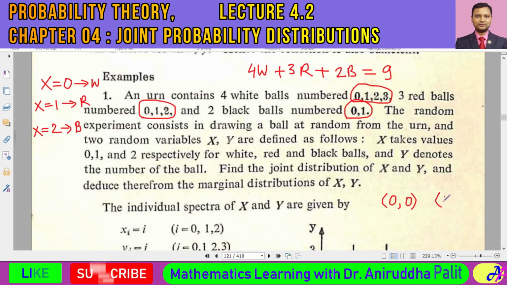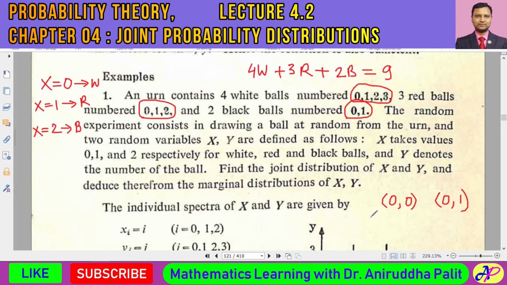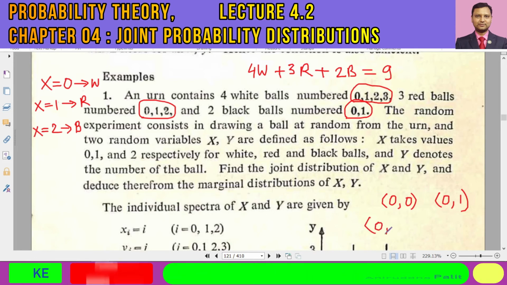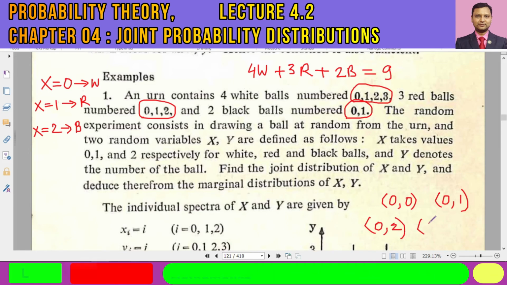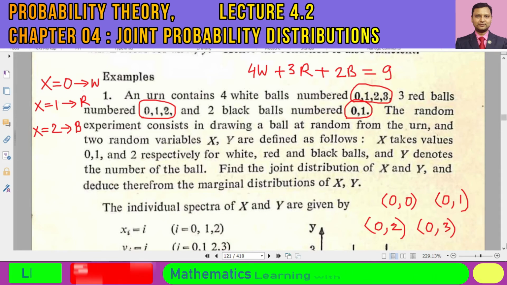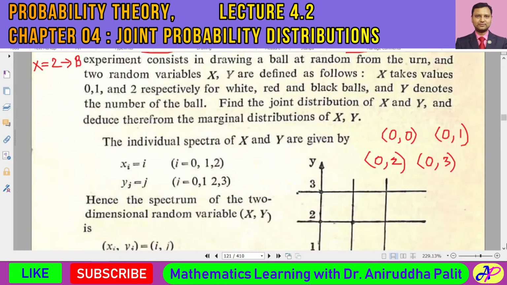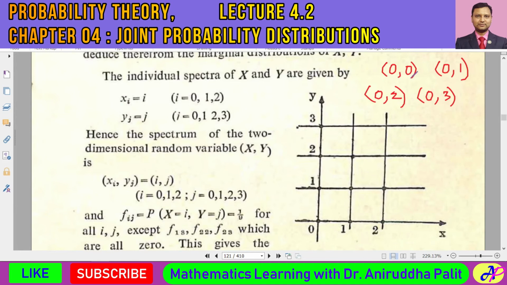Then (0, 1), where Y takes the value 1 from this collection. This is the second possible choice. Next (0, 2), and finally (0, 3). These are the possible choices taken by the two-dimensional random variable when X is equal to 0. And you see, this first point (0, 0) is written in a little bold fashion, although it is not clearly visible.